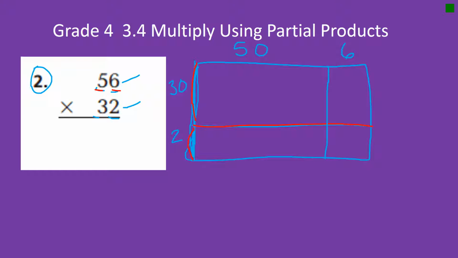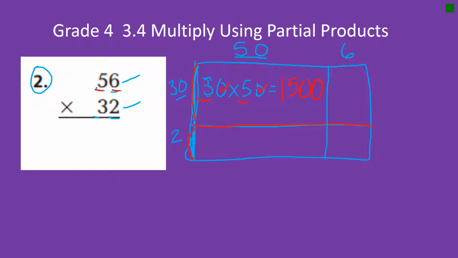So let's start with this big section right in here. We have 30 rows of 50. Now you are so good at this by now. 3 times 5 is 15, and then 1, 2, 1, 2.